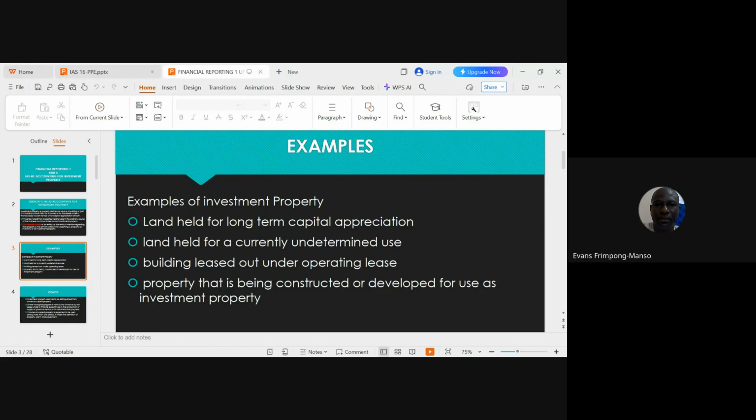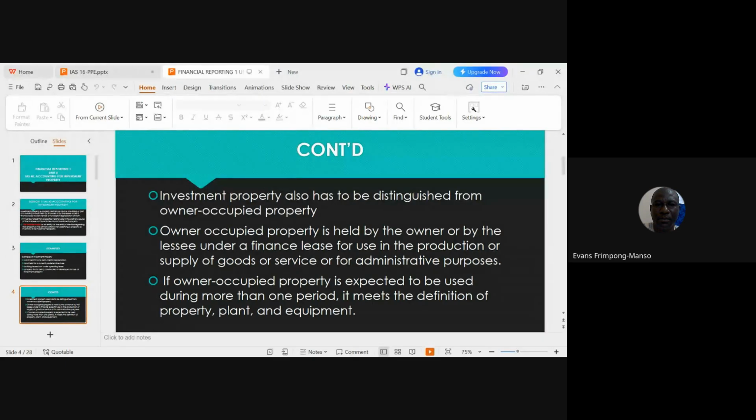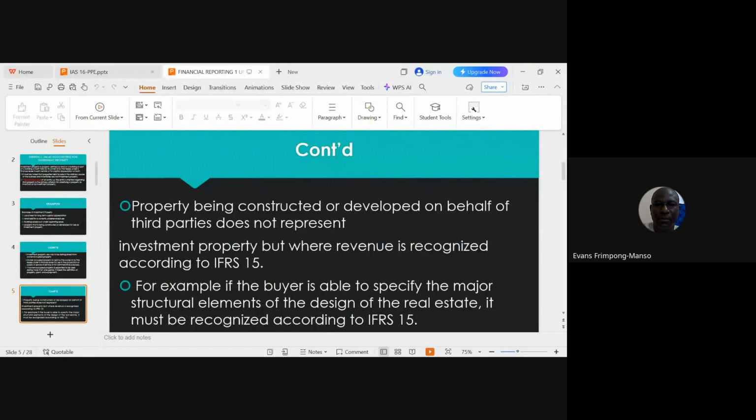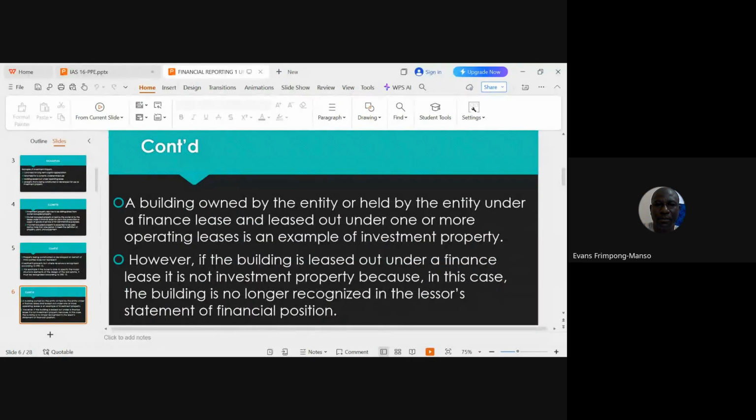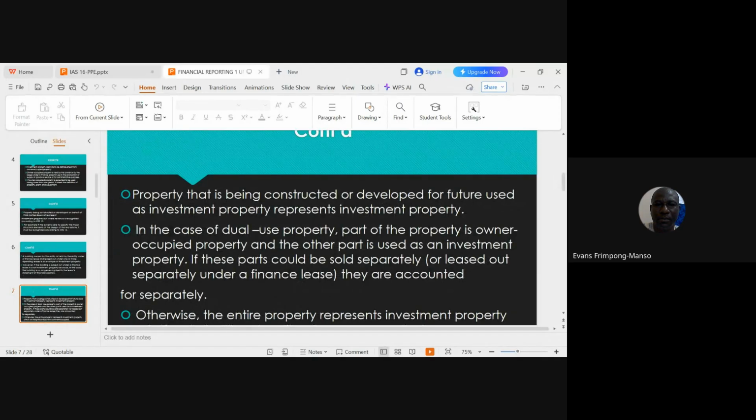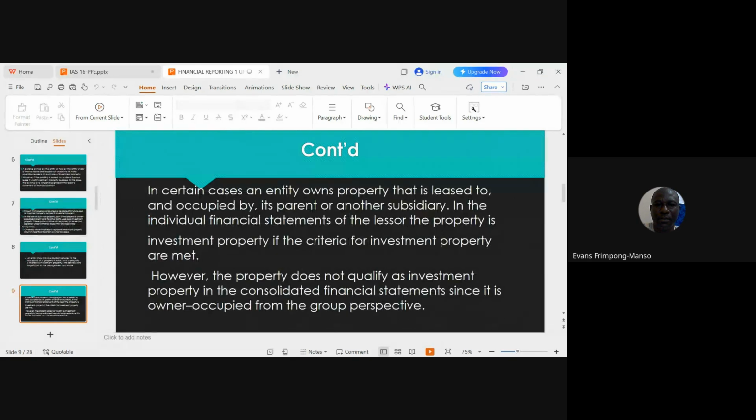You should be able to fish it out and tell me that this is an example of an investment property. It is very, very important. So many examples to learn.